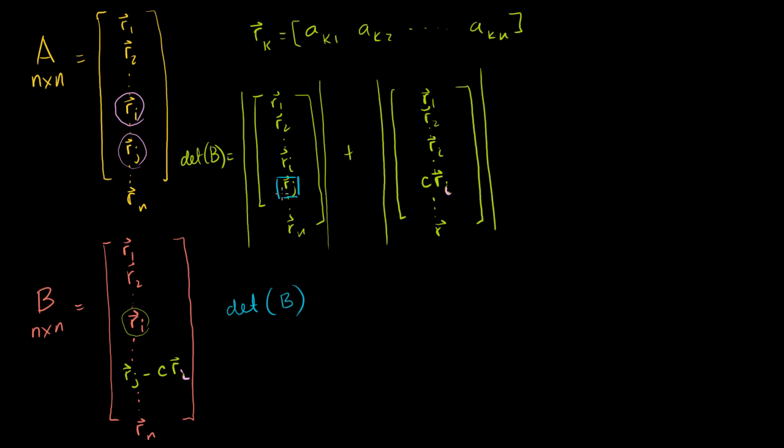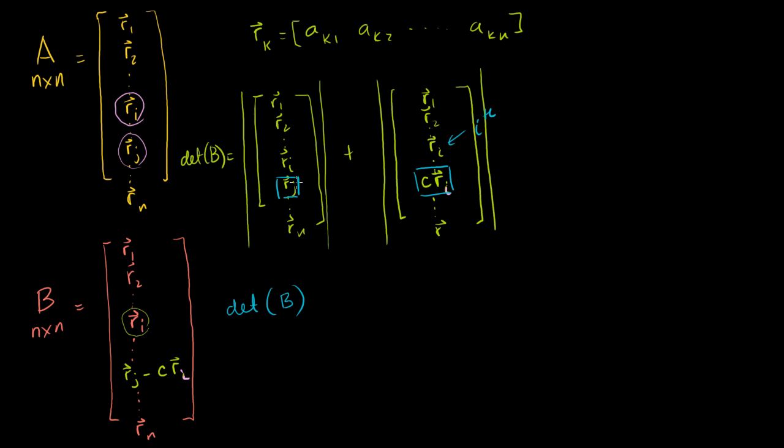Here you have Rj. Here you have C times Ri, a scalar multiple of a row that you had up here. This is the ith row. But here you have a scalar multiple of Ri, while here you have an Rj.